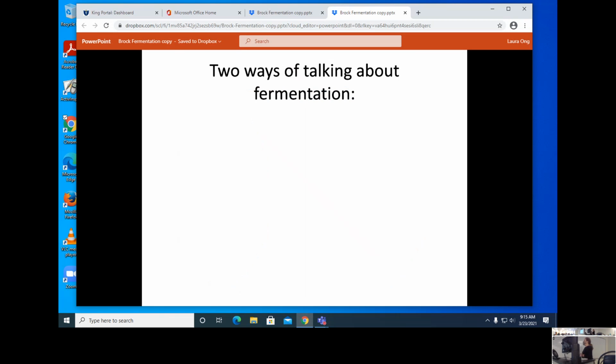The other way of talking about fermentation is to name it after the waste product. So style number two is to name fermentation by what's being produced as the waste product.